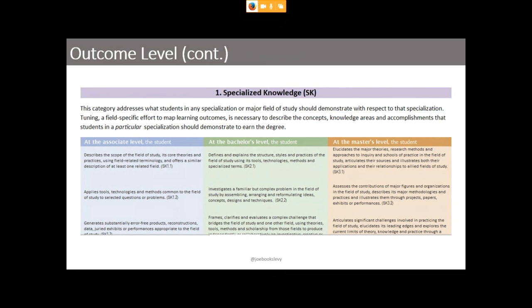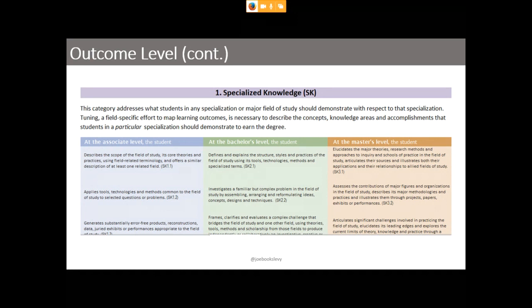So we took specialized knowledge, got our business program, and had them look at this information, look at their outcomes, look at some of the language used here, and make sure we're somewhat on the same page. And also think, if we feel like we're covering this, are we actually covering it? Are there ideas here that we can borrow and infuse into our program? So that's one way institutions can use it.